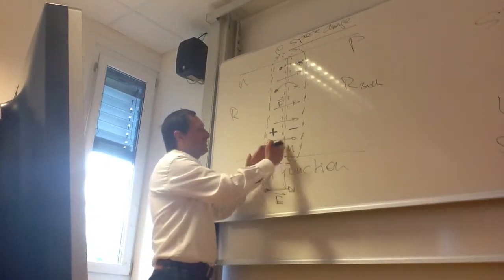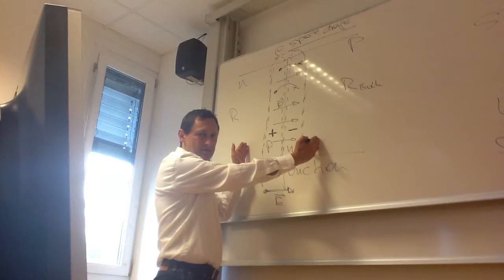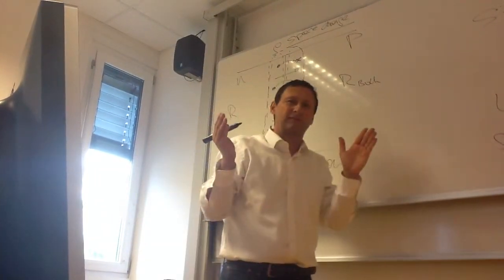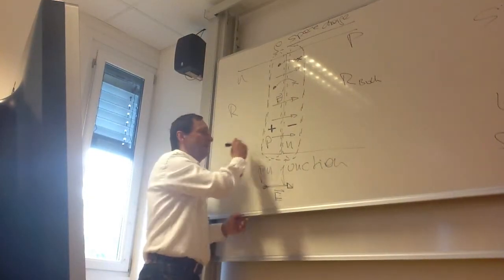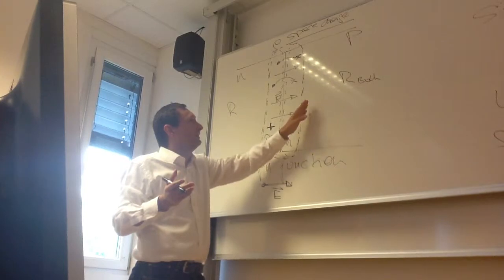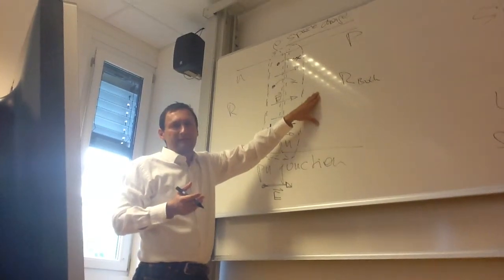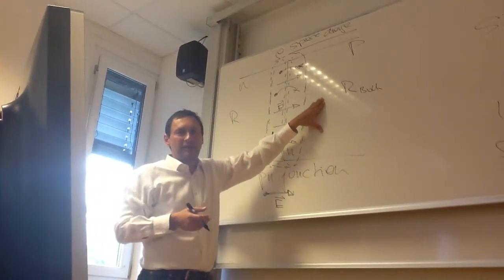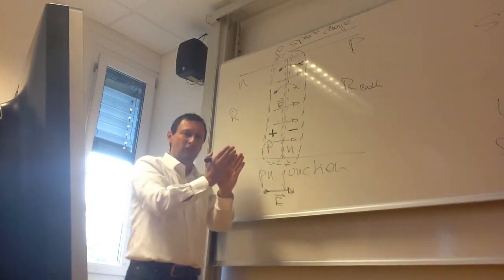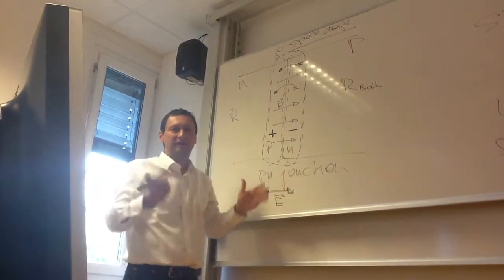If this space charge area is quite big, then your diode is for high voltage applications. But for high voltage applications, the diode cannot carry that much current. And if this area is rather small, then it's for low voltage applications and high current.